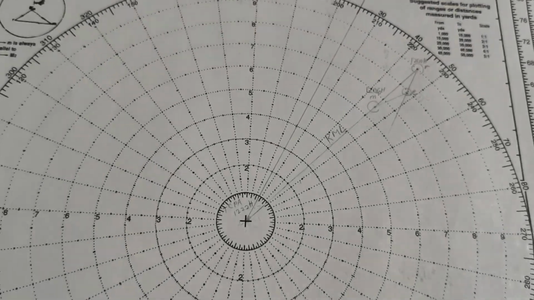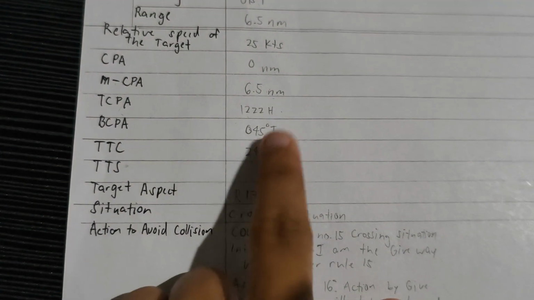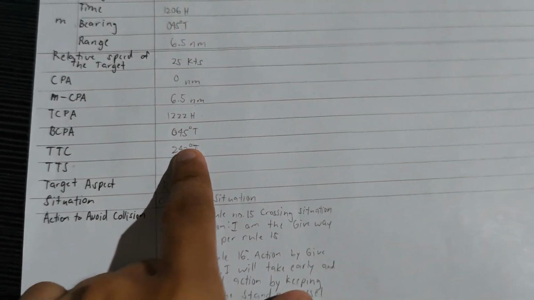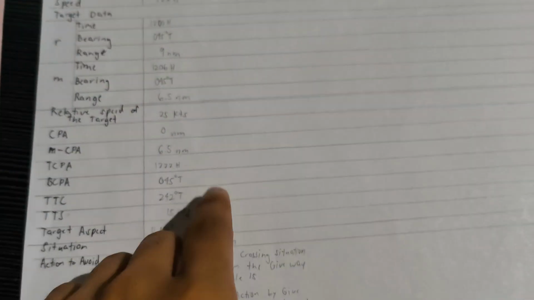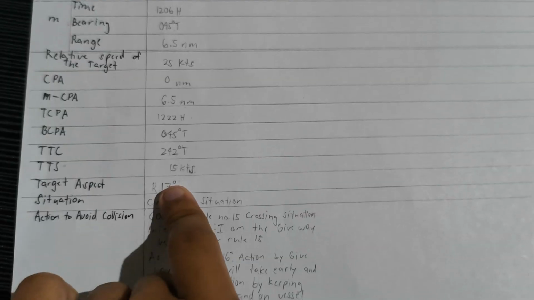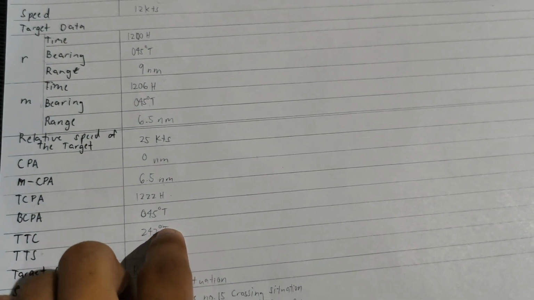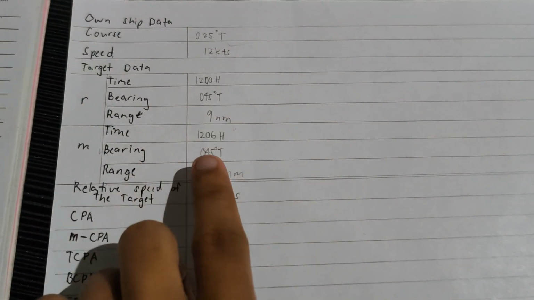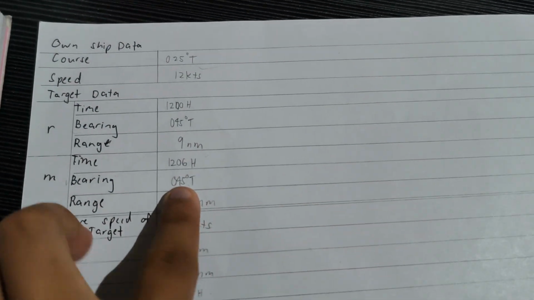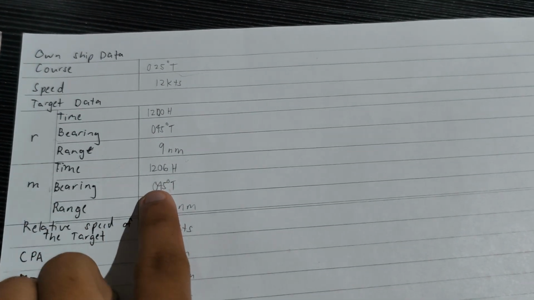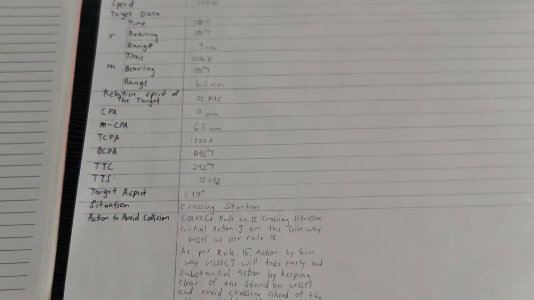Since the target true course is 242, the formula for target aspect is the target true course minus the bearing of the M, then minus 180.